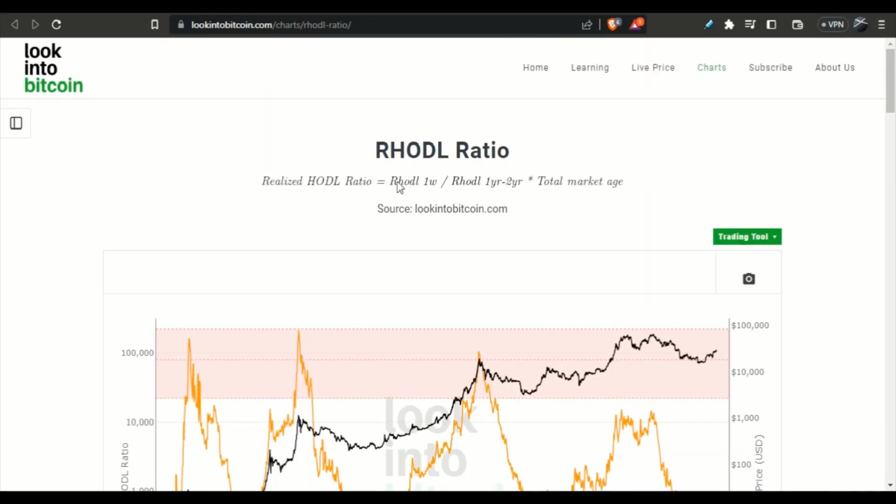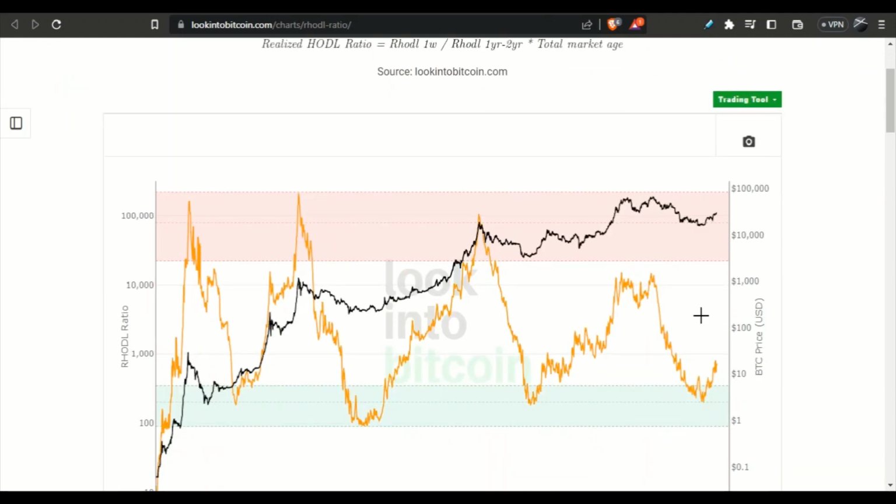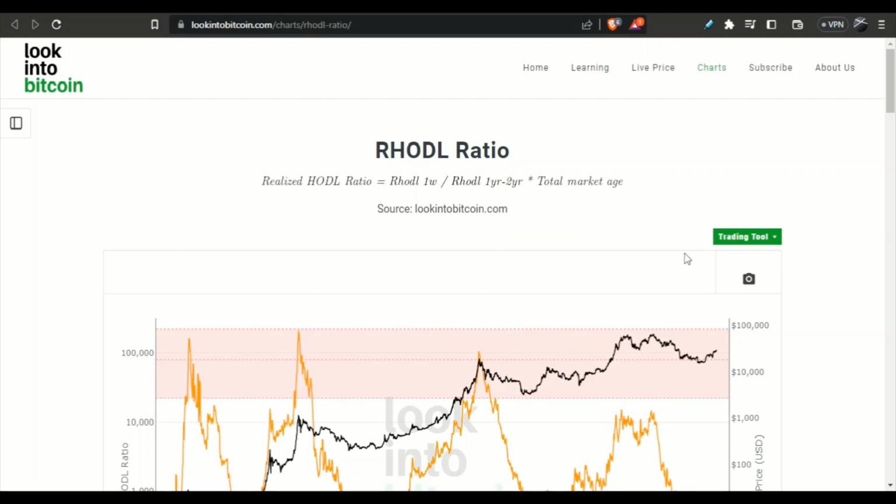So remember, this is the RHODL 1 week over the 1 to 2 years. As the price increases on Bitcoin, the 1 week value increases and is divided over the lower price of 1 to 2 years.